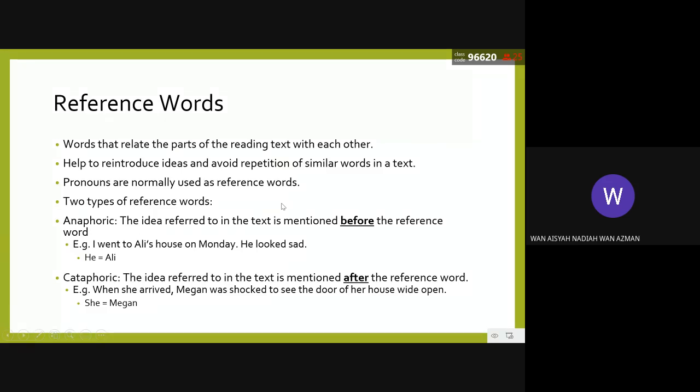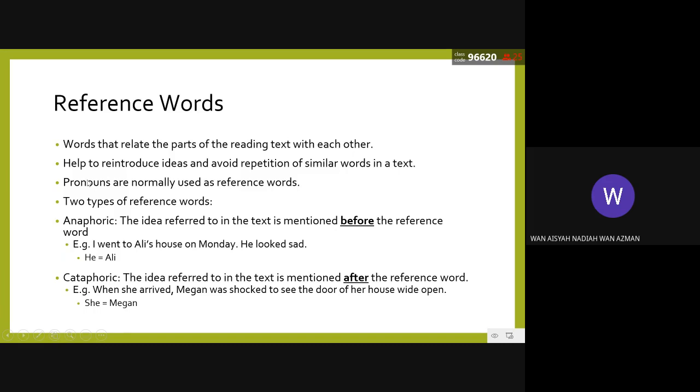Anaphoric is when the idea referred to in the text is mentioned before the reference. For instance, "I went to Ali's house on Monday. He looked sad." As you can see here, the reference word in this statement is the word "he".